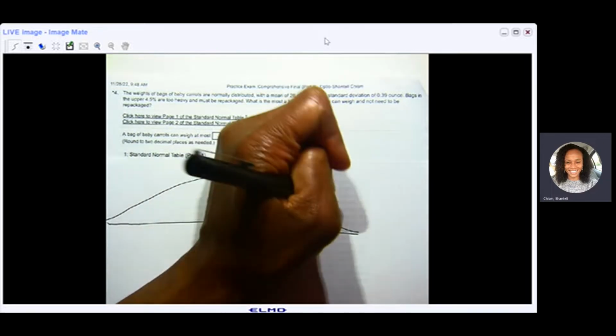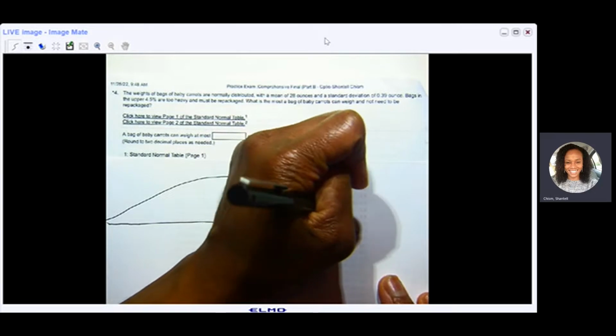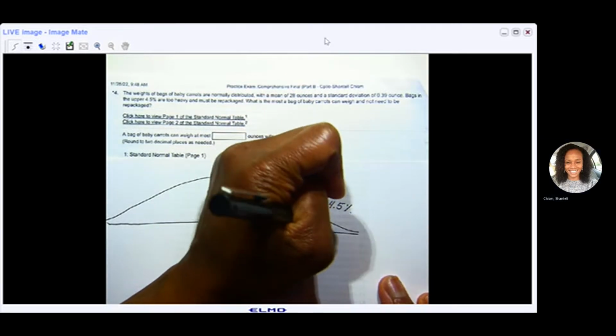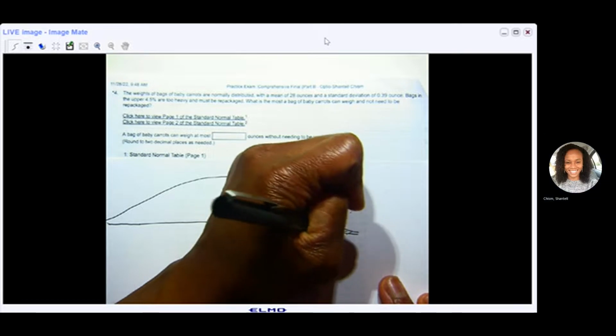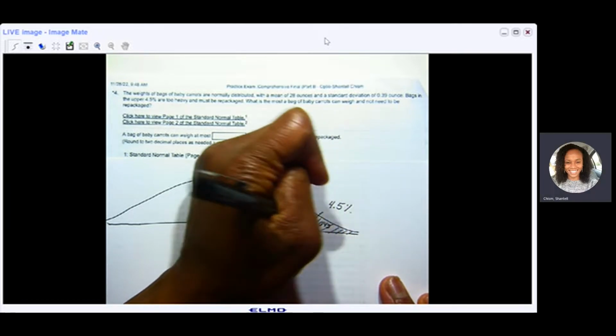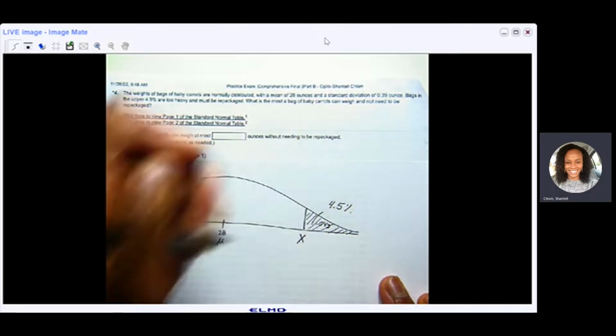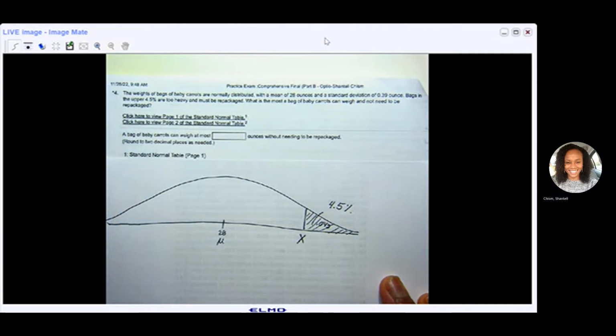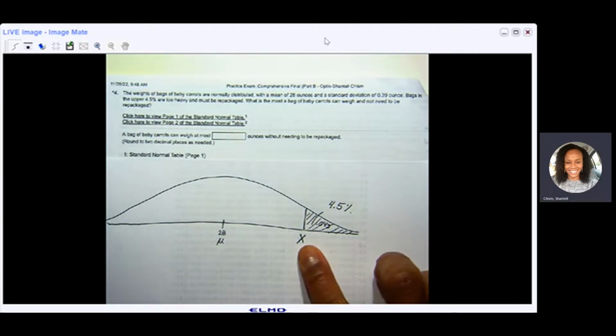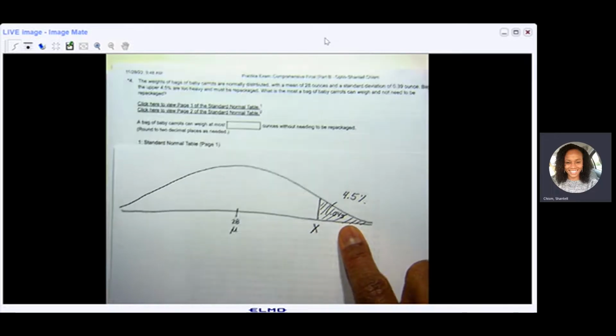So upper 4.5% would be this area in the right tail, 0.045. So we want to know what is the maximum X that the bag can weigh without getting into that area.